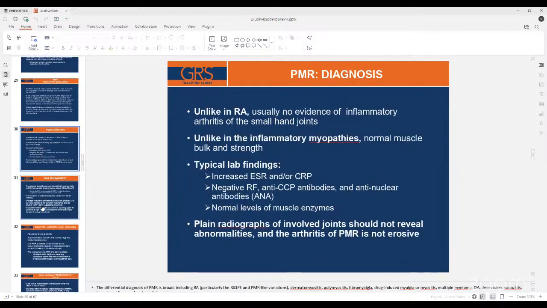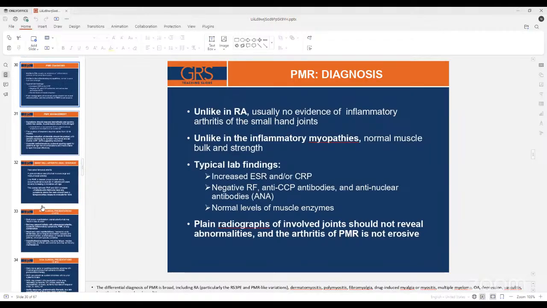So in the diagnosis of polymyalgia rheumatica, as mentioned earlier, unlike rheumatoid arthritis, there is no evidence of inflammatory arthritis of the small hand joints, although this might happen, but it's unusual. Unlike in inflammatory myopathies, there is normal muscle bulk and strength. In the inflammatory myopathies, we expect weakness of the muscles, okay?